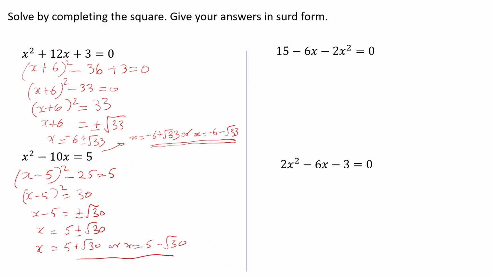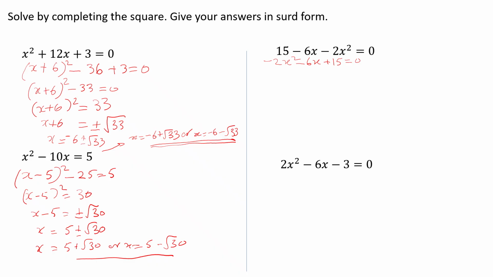Next one, 15 minus 6x minus 2x squared equals 0. Before I do the completing the square, I'm going to rewrite it as negative 2x squared minus 6x plus 15 equals 0, because I want to keep x squared positive.